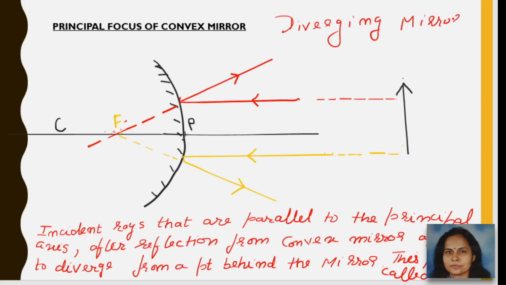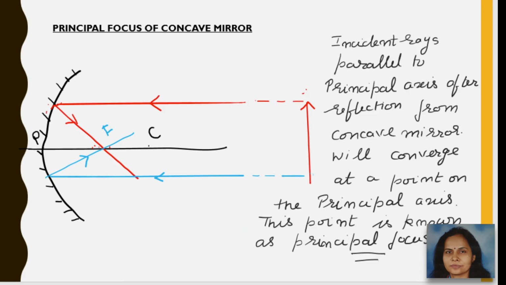And similarly, we can say the concave mirror is the converging mirror, because here incident rays after reflection converge at a point. So this is known as the converging mirror, right?